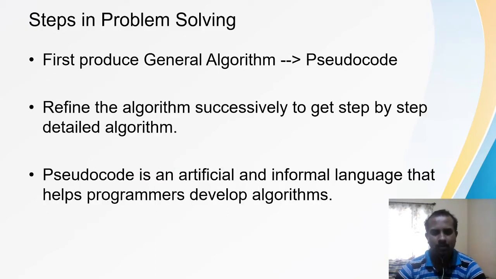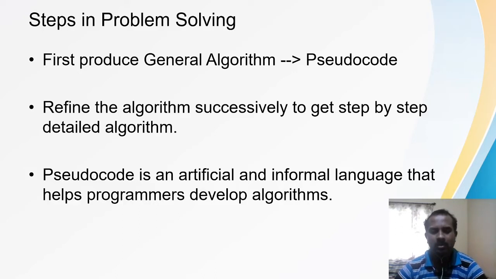Steps in problem solving. Here we are going to see the different steps involved in the problem solving phase. The first step is you are going to create a general algorithm. The general algorithm will be in pseudocode. And what is pseudocode? Pseudocode is an artificial or informal language that helps the programmer to develop an algorithm.